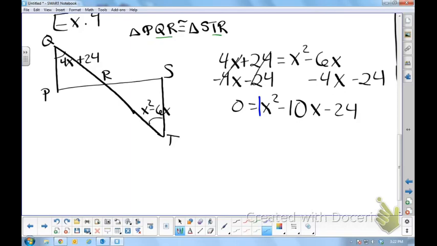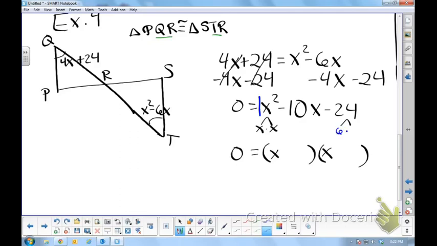We know our answer should be 2 parentheses when we factor. And we know the only way to make x squared is x times x, so the first one in each parenthesis has to be x and x. But we have to decide what numbers multiply to be negative 24 and add to be negative 10. Now you have to be very careful because you might think 6 and 4.